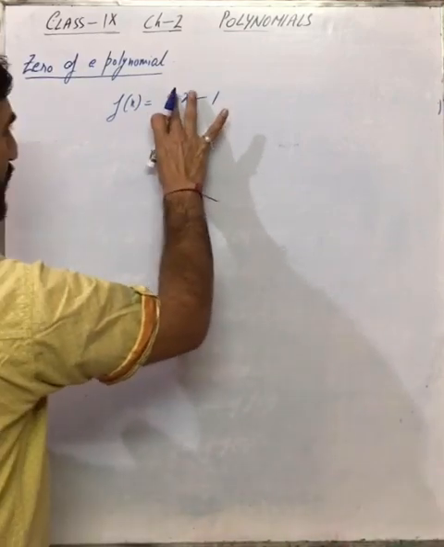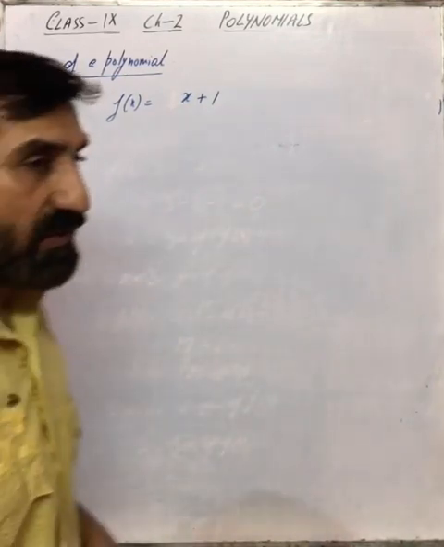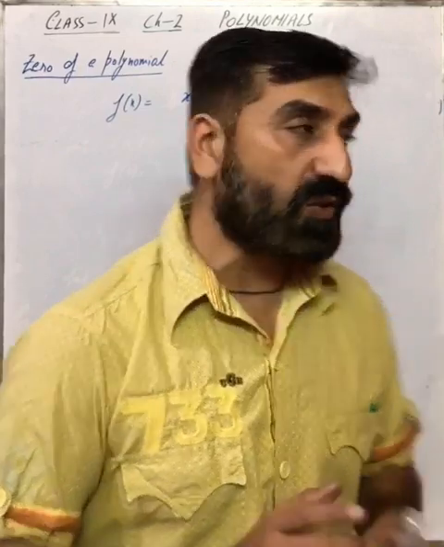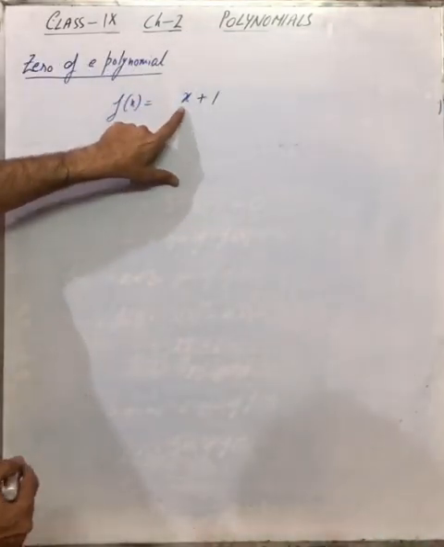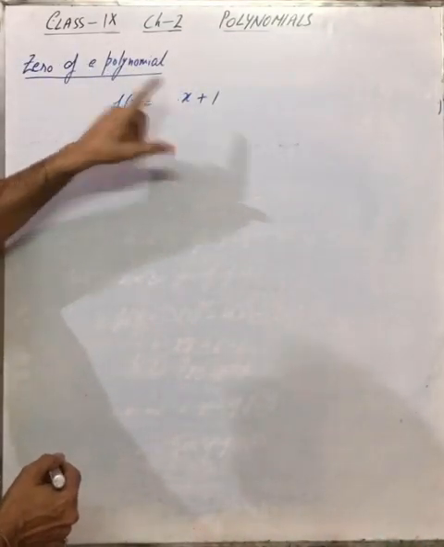Let me make it easy. Let it be x plus 1. The polynomial is x plus 1. We need to find the zero of this polynomial. Zero of the polynomial means we need to find that value of x which vanishes the polynomial, so that when we put it here, the answer becomes 0. So students, think for a minute: what value of x will you put so that the answer comes 0?